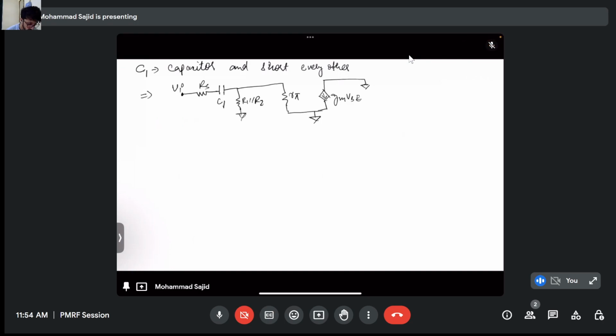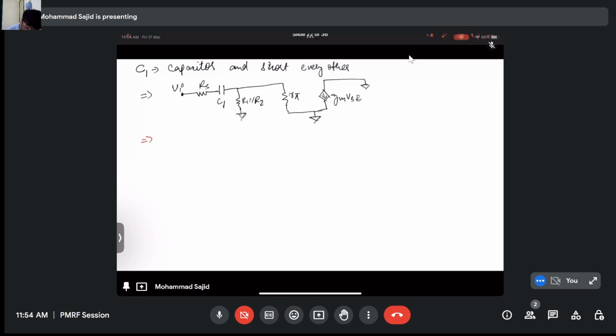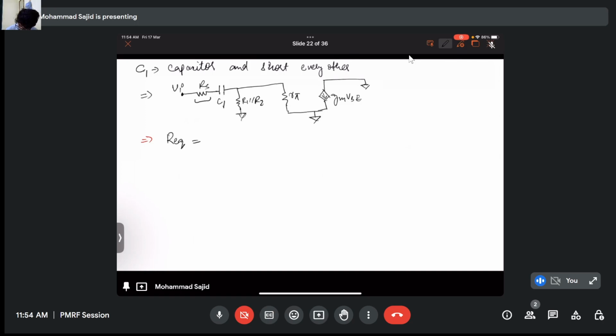Now, to find the time constant, we need to first find the equivalent resistance. Equivalent resistance will be given by your Rs plus Rin.